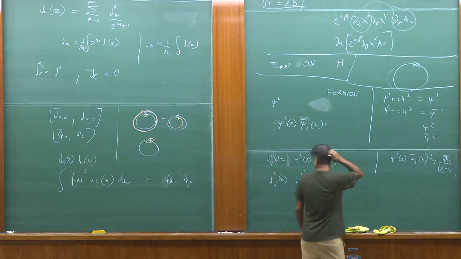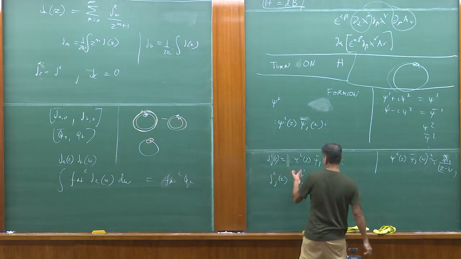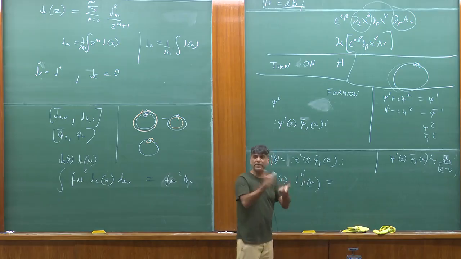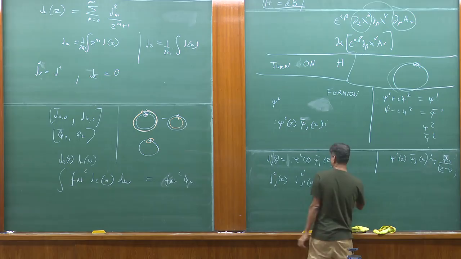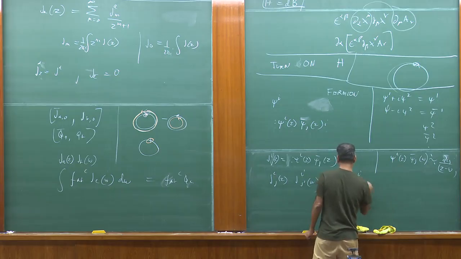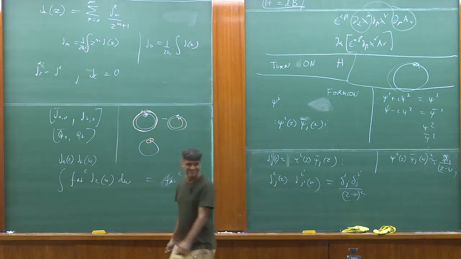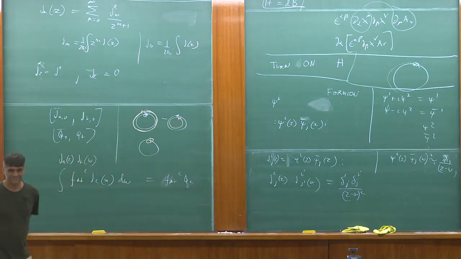First we get a term where we contract everything. So we will get delta_ij' delta_i'j over z minus w, the whole thing squared. Clear?